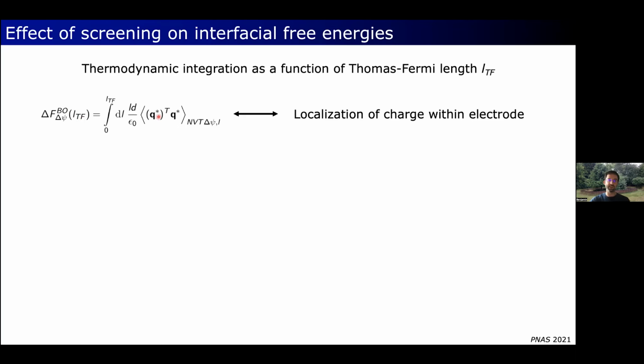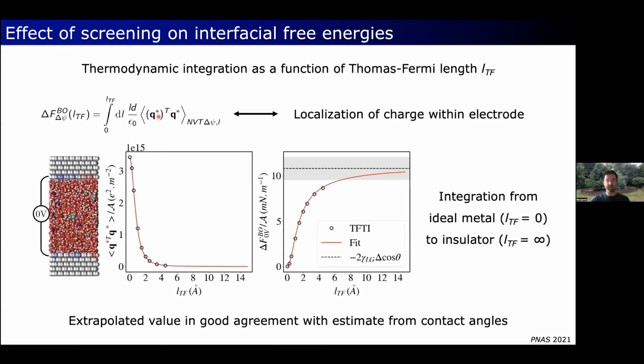This quantity is simply the sum of the squares of all the electrode atom charges, not the square of the total electrode charge, but the sum of the squares. The prediction for the change in the free energy with respect to the perfect metal is shown here. The red line is a fit based on a model discussed in more detail in the paper, and you see that the extrapolated value is in good agreement with the estimate from contact angles.